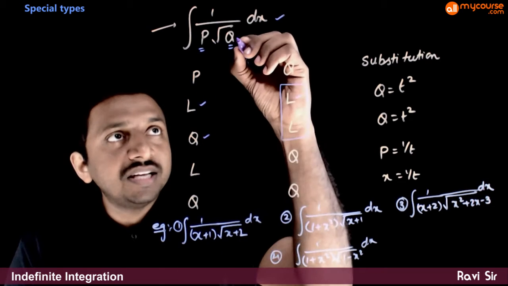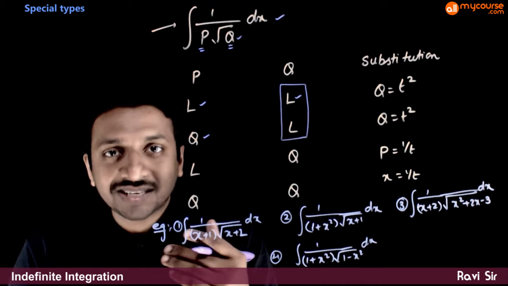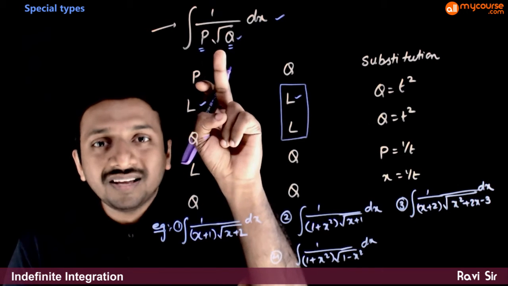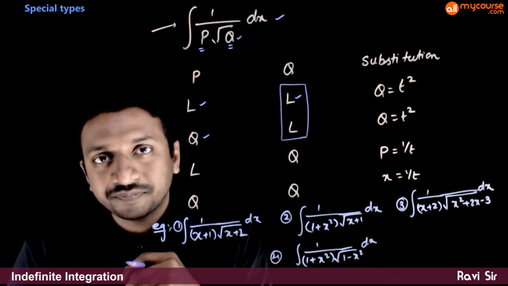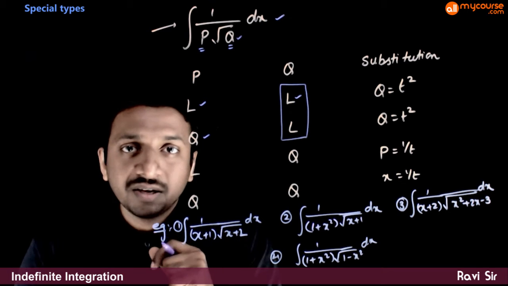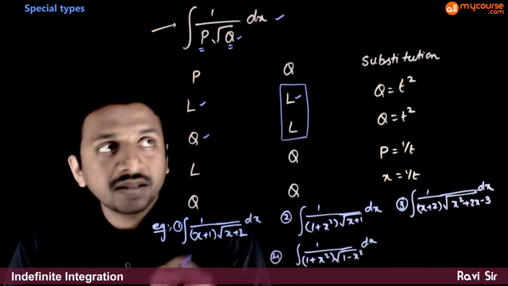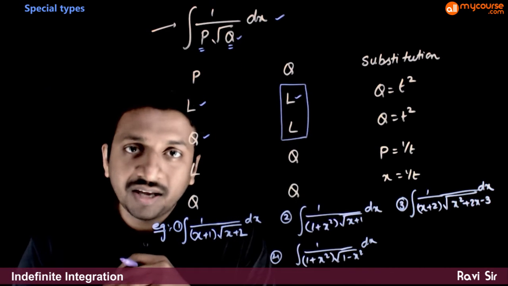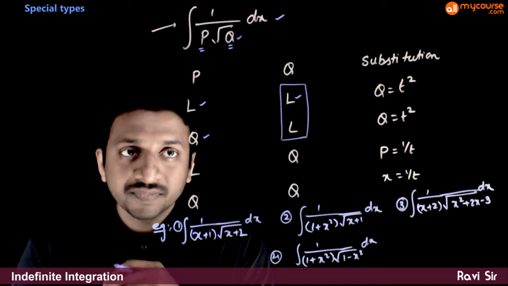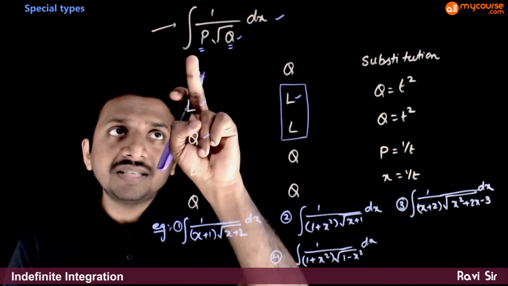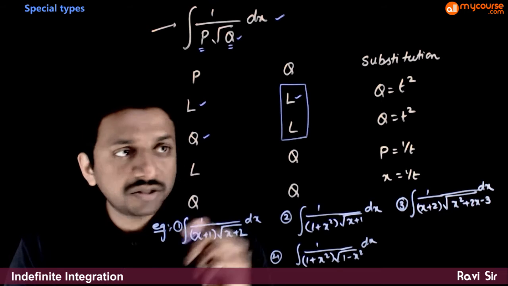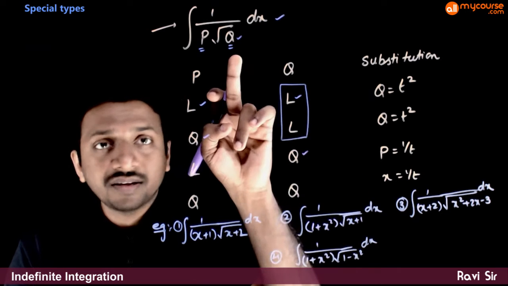That is, whatever is the linear term, we assume it as t square so that you can remove the square root. So that's the technique which helps you in solving 1 by p root q whenever q is a linear polynomial.